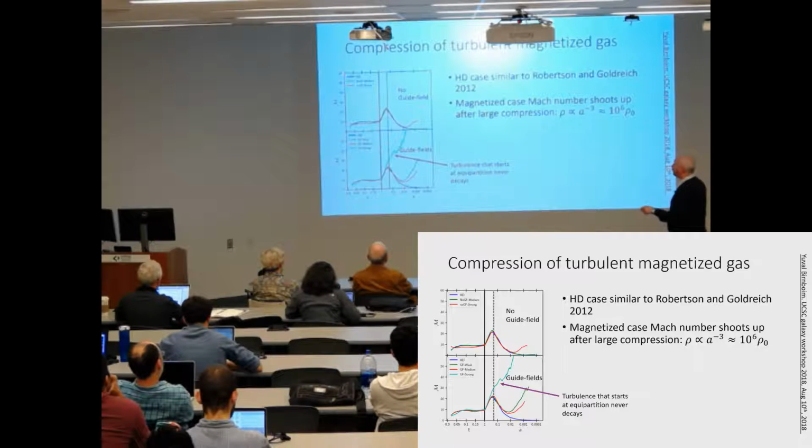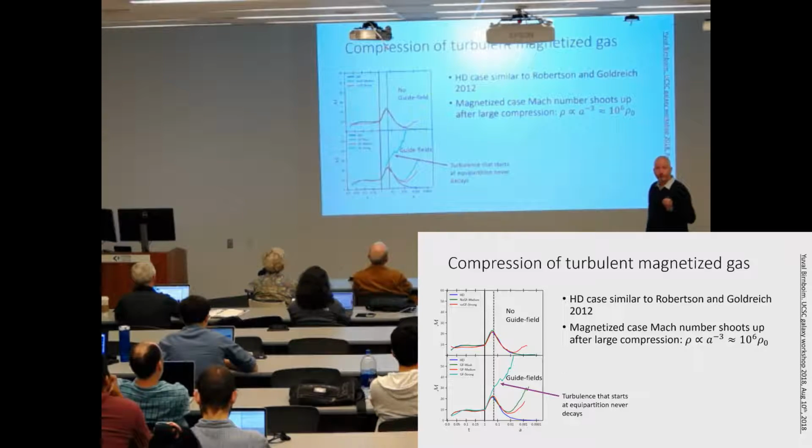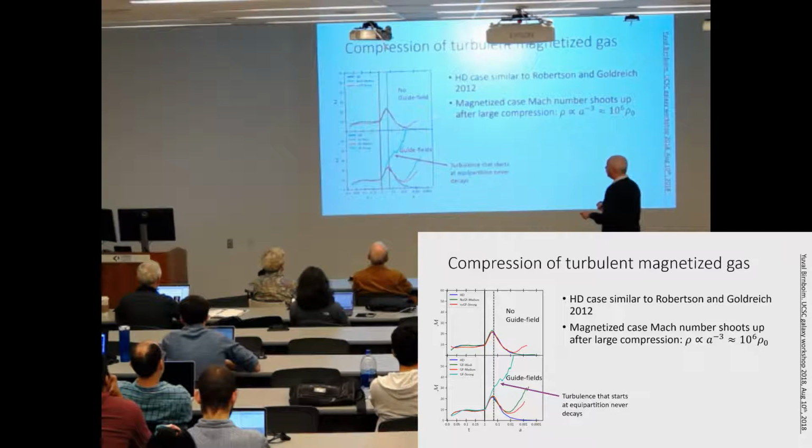If we just look at the blue line, for example, that's the purely hydrodynamical line. It acts exactly like the Robertson and Goldreich model predicts. So initially, it winds up, then it passes the dissipation criterion, dissipation becomes important, and then it dies down. So that's exactly what we expect.